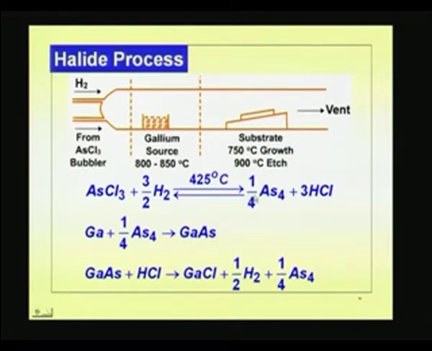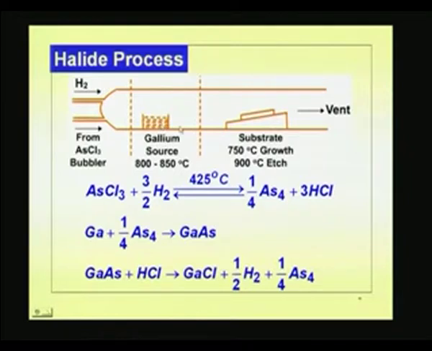So, arsenic trichloride plus hydrogen will react even at 425 degrees centigrade to give you arsenic in that form, As4, and HCl. Now, this arsenic which is coming out here will slowly react with gallium. Okay.